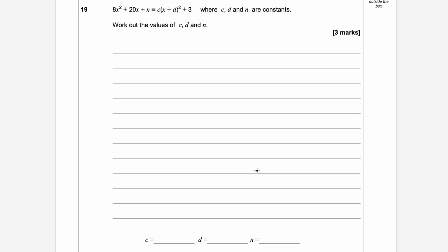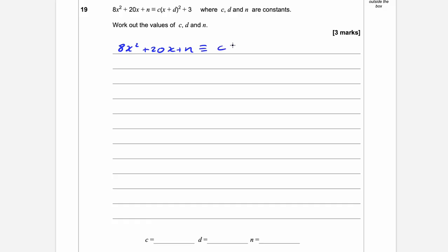Question 19. 8x squared plus 20x plus n is equivalent to this. Find c, d and n. Okay, so guys, when they're equivalent, we can do this thing where we equate the coefficients. So 8x squared plus 20x plus n is equivalent to, now let's multiply this out.